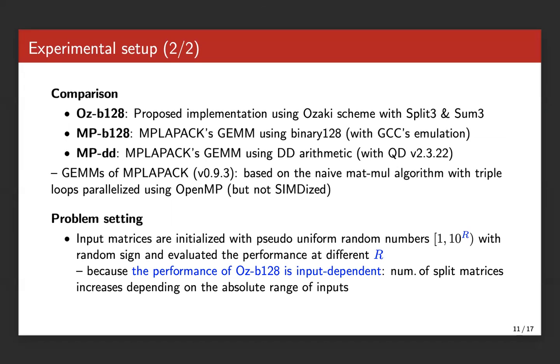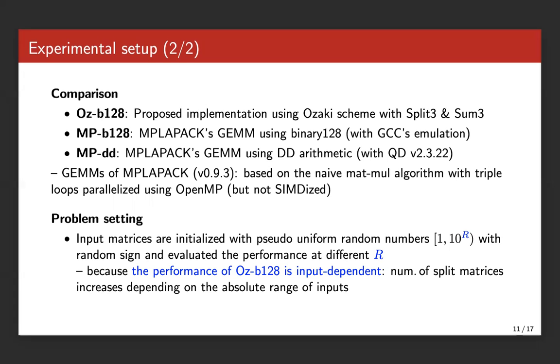They are implemented with the naive matrix multiplication algorithm with triple loops with OpenMP, but not SIMD optimized. Binary128 GEMM uses GCC's emulation, and DDGEMM uses the QD library's DD operations.